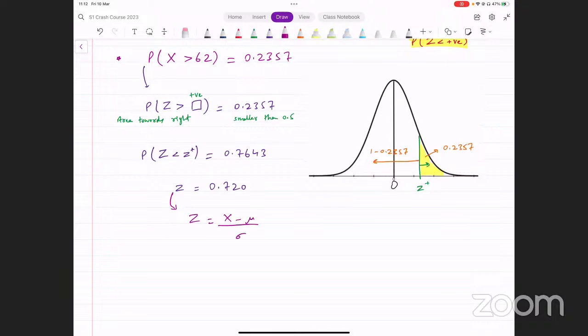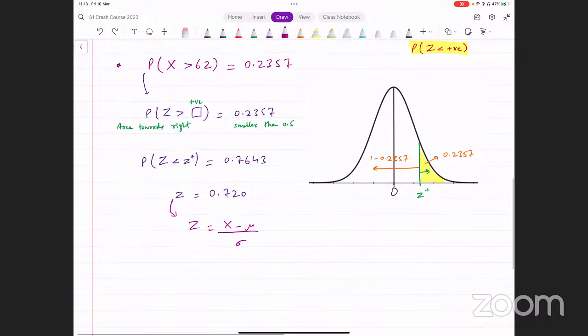That's the formula. You can just input this value of Z here, 0.720. And any unknown that you have here on the right side, you can find that from this equation then. And that's another possibility that you could have. You have area to the right given, and you have to find this using this logic.